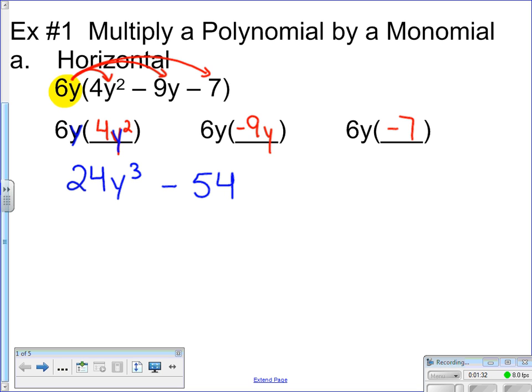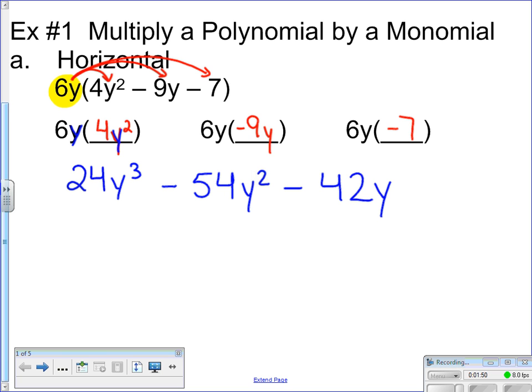And a y times another y makes a y squared. And lastly, 6 times negative 7 is negative 42. And then you just put a y behind it because there's nothing for that y to be multiplied by.